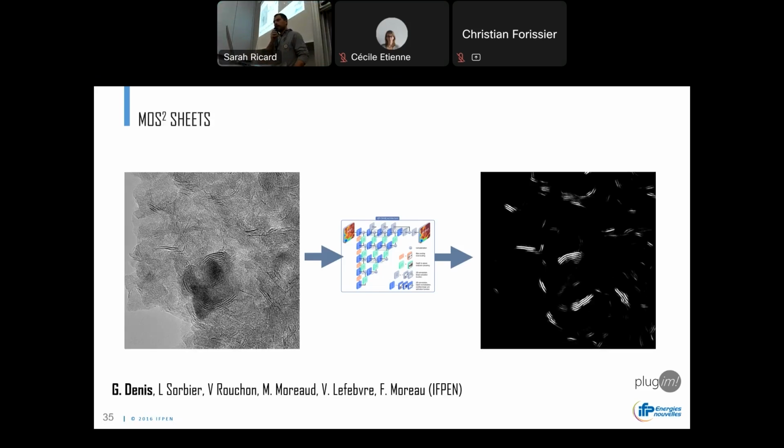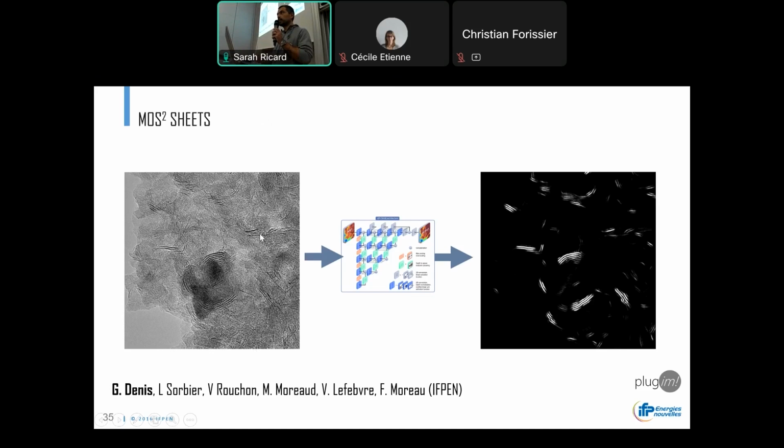Okay. Another illustration in the field of microscopy. As we saw previously, it's an image obtained with transmission electron microscopy. Here you can see a catalyst support, also an alumina support. But in this support, you also see some black sheets here.